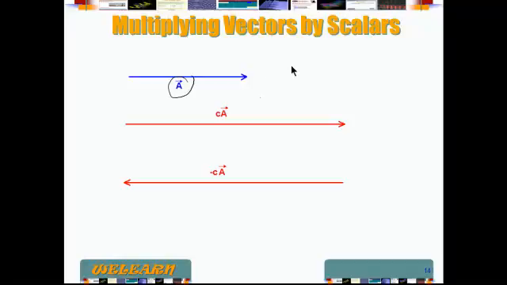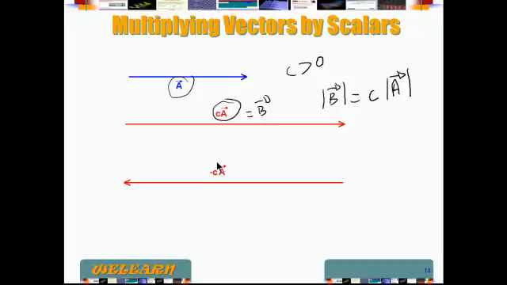If I multiply it by a scalar C that's positive, then the new vector is just C times A. The magnitude of the new vector, let's call it B, the magnitude of B is just C times the magnitude of A. Now, C can be smaller than 1 or larger than 1. So the new vector can be smaller than A or larger than A.